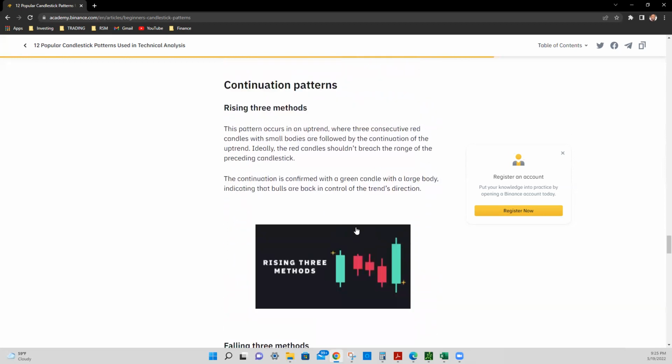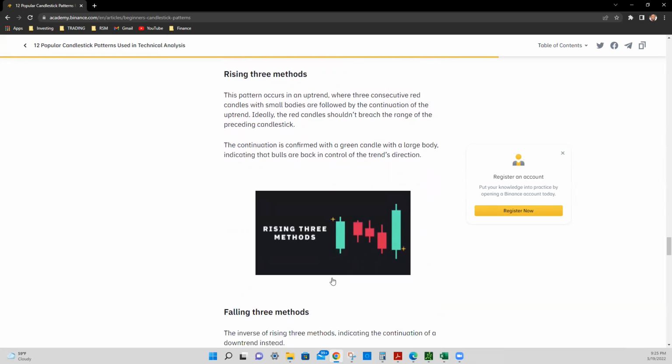Continuation patterns. This is, quote unquote, your bull flag and your bear flag. So if you see a big bullish candle, you'll see it start dipping, but you'll realize that the dip doesn't go below this first big bullish candle.